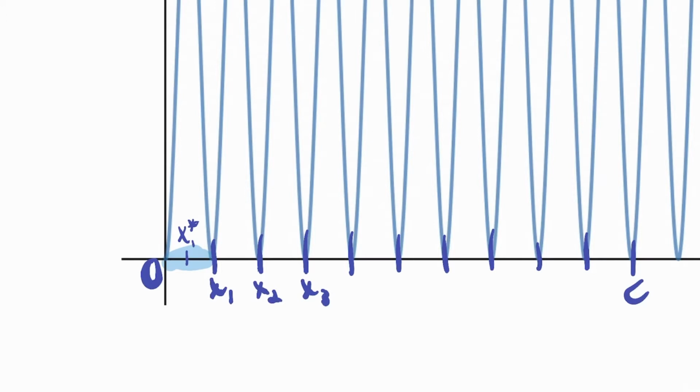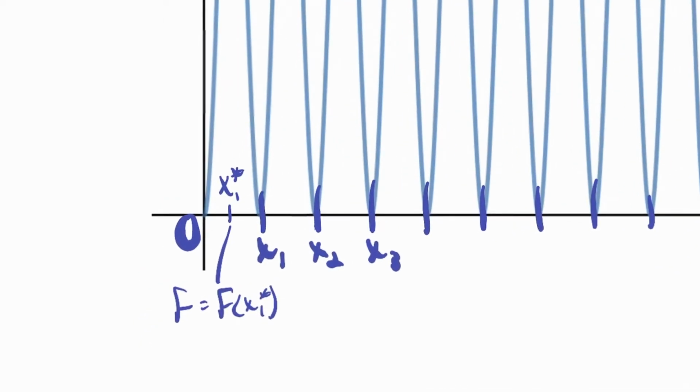So the force is going to be f of x1 star. The work to do that would be the force over the distance. What's the distance again? Well, delta x. So that would be f of x1 star times delta x. That would be the work to do that compression.